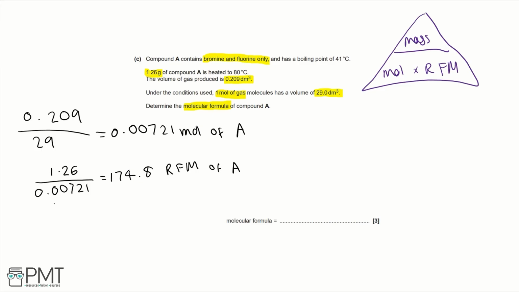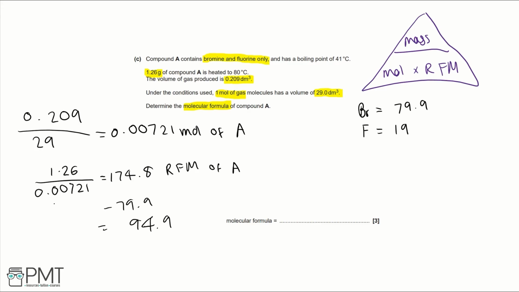Now we're told we have bromine and fluorine only. Bromine has a relative atomic mass of 79.9 and fluorine has a relative atomic mass of 19. If we start by subtracting the bigger relative atomic mass, 79.9, we get 94.9.